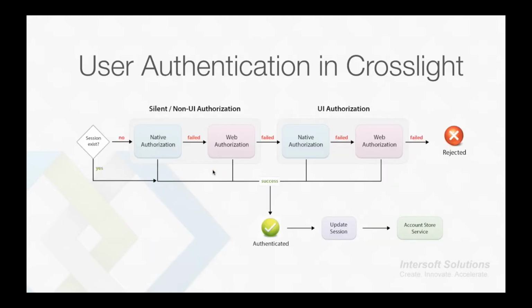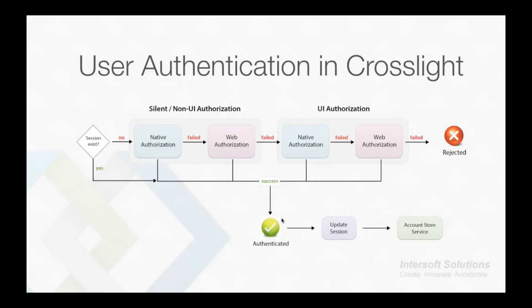Since I'm going to show the demo of the Facebook authentication, I'll explain how user authentication works in Crosslight applications, which is also provided inside the Enterprise App Framework. When the app loads for the first time, it checks for session. If the user session exists, the user is automatically authenticated.